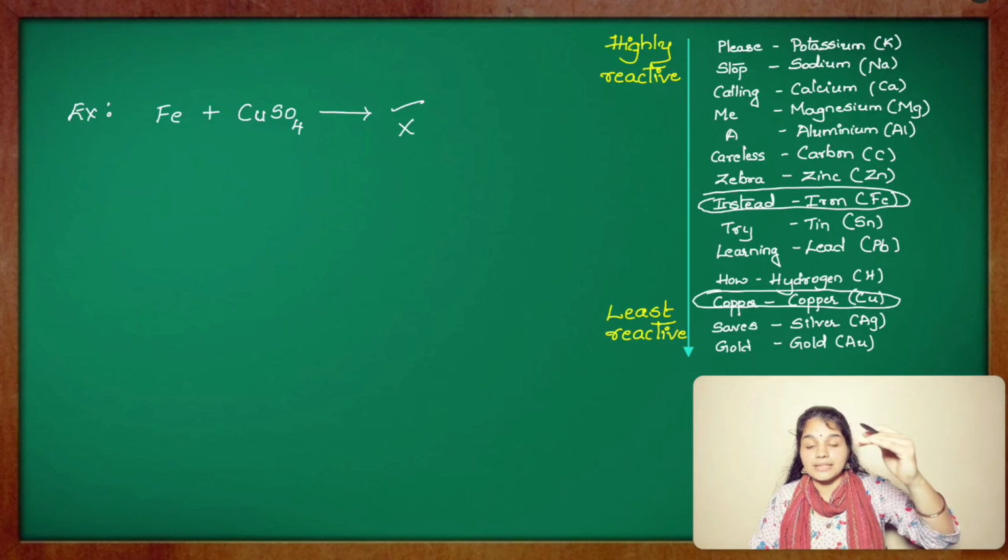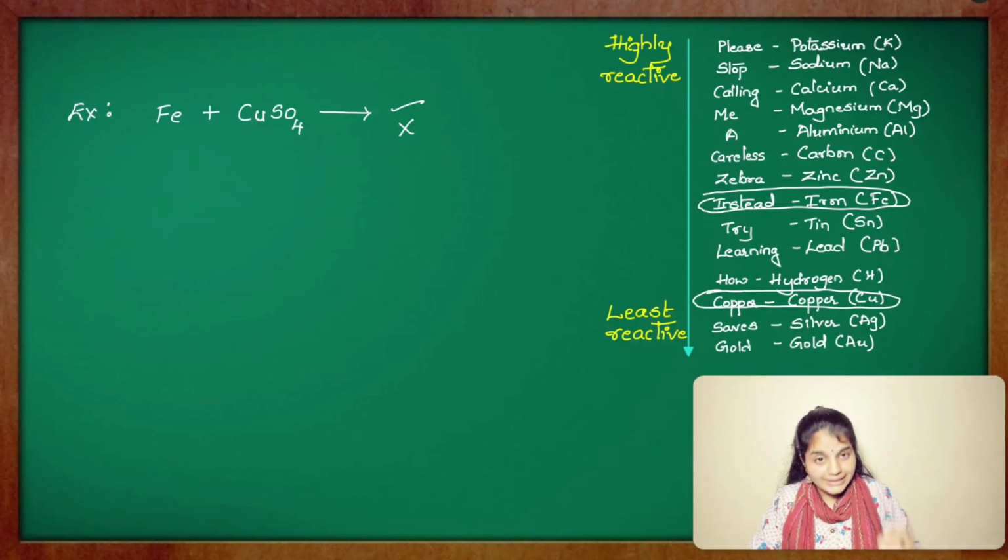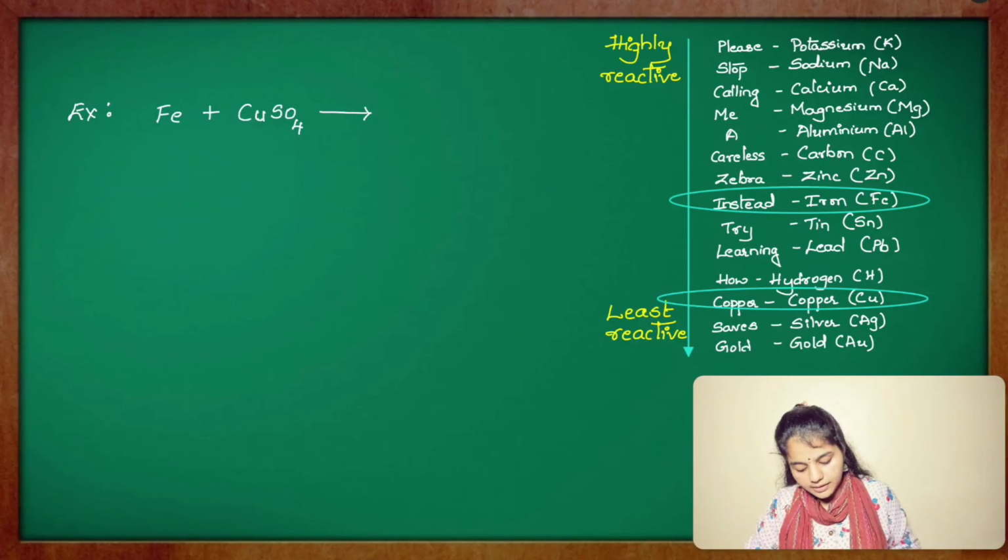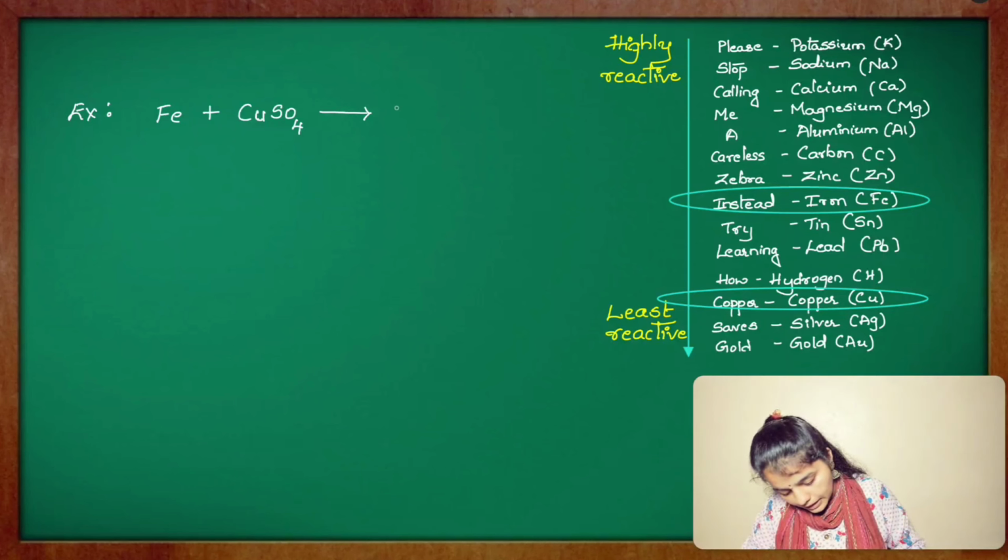A metal present at the top is highly reactive and a metal present at the bottom is least reactive. So iron is more reactive than copper, and iron can displace copper from copper sulfate solution. And we get iron sulfate and copper.